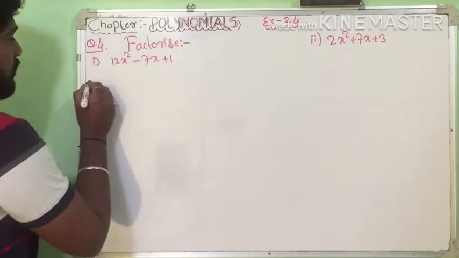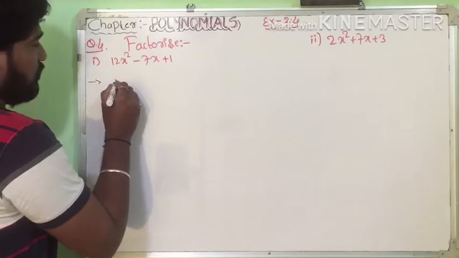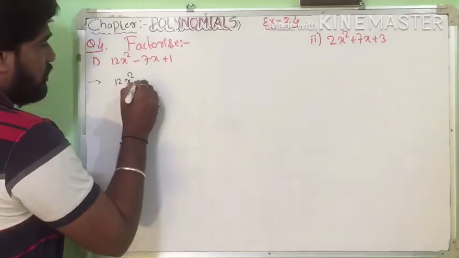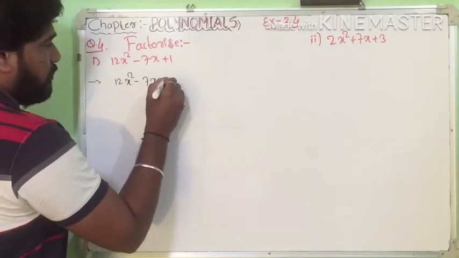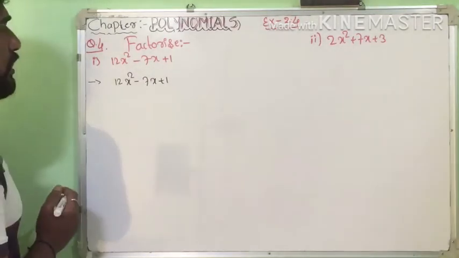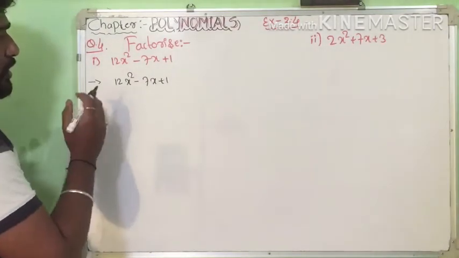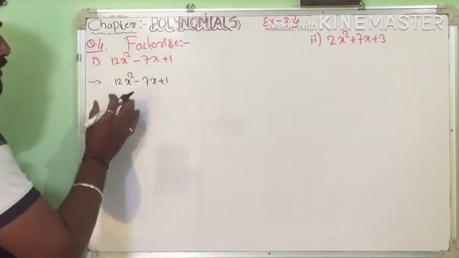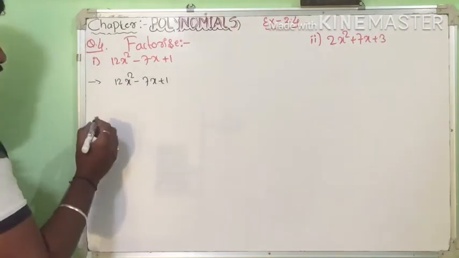So the first question they have given here is 12x square minus 7x plus 1. We want to make the factorization, we want to find these factors, right?